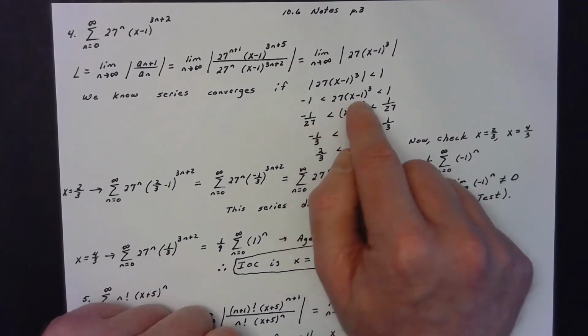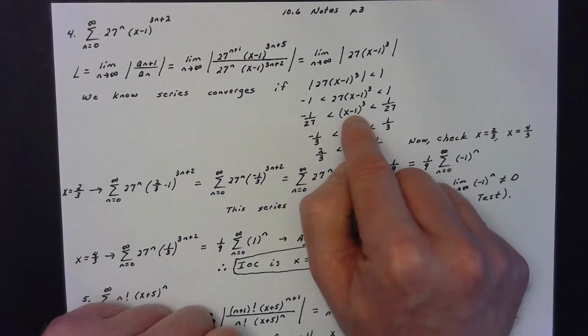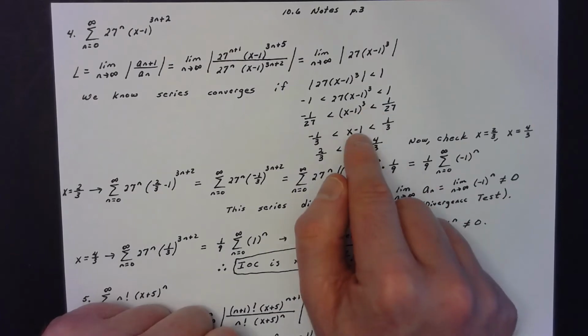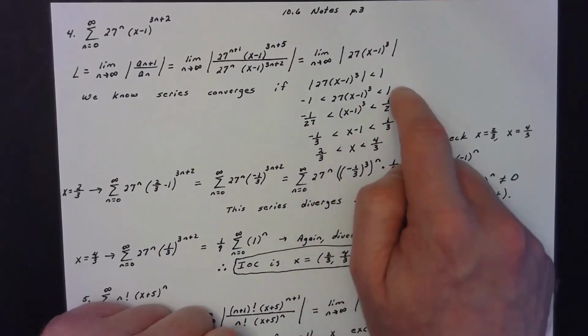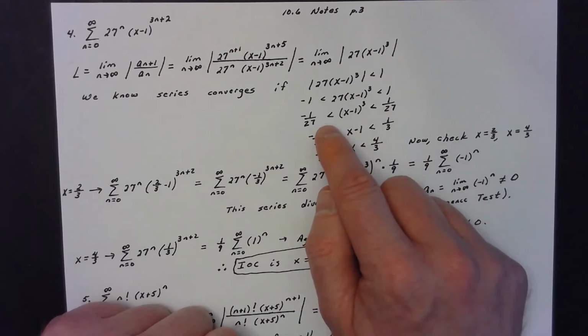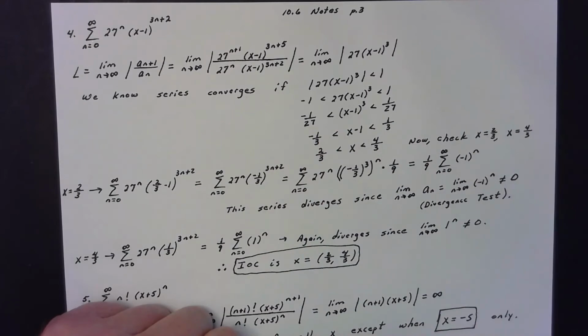Then let's divide by 27 in all 3 parts of that inequality. I did that. Then let's take the cube root. The cube root of (x minus 1) cubed is x minus 1. The cube root of 1 over 27 is 1 over 3. The cube root of negative 1 over 27 is still negative 1 over 3.